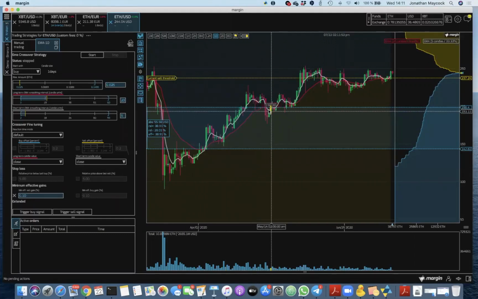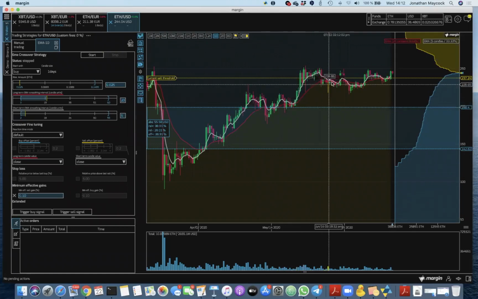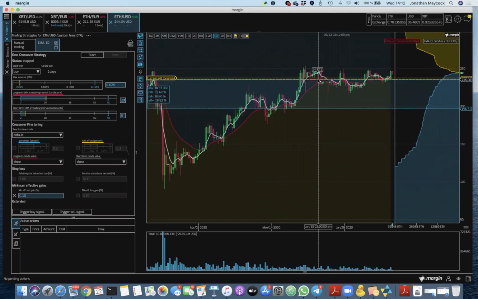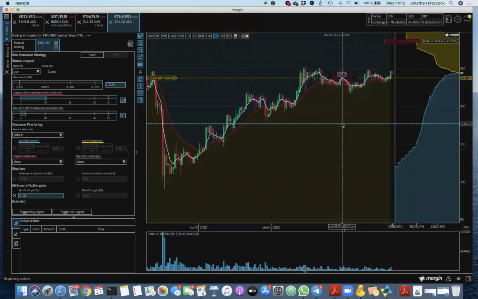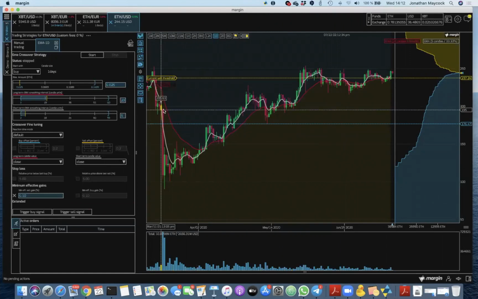Then we would have seen what would have happened afterwards. It would have exited the trade, it would have entered again. It would have maybe, I can't see so well there, but maybe exited once again a bit further up here. So let's see, maybe there was another approximately 20% to be made. And then we enter a period where it's a lot flatter and the gains will either be lower or even not at all. Maybe you even make some losses in this area here. So that's one of the main points I wanted to make: if we have trending markets, and by trending I mean here we see a really bull trend, here's a bear trend.